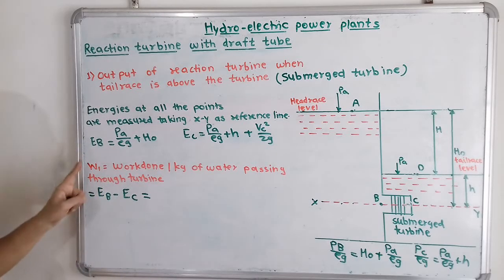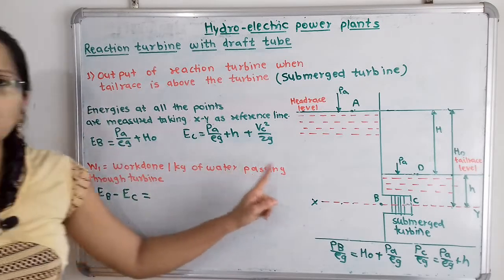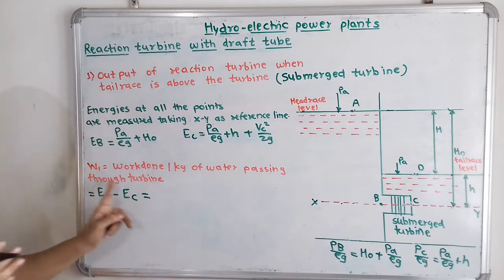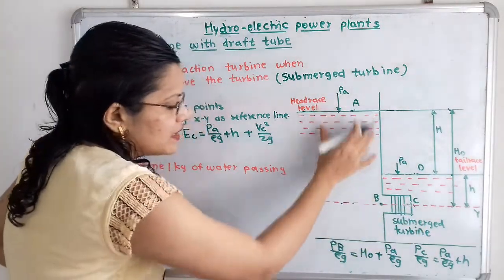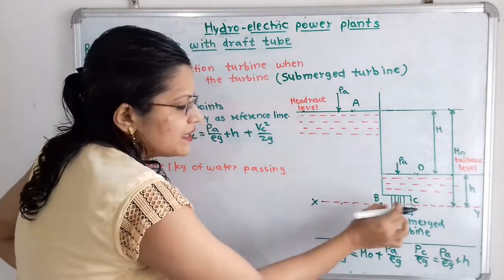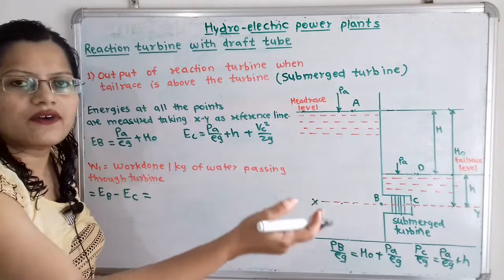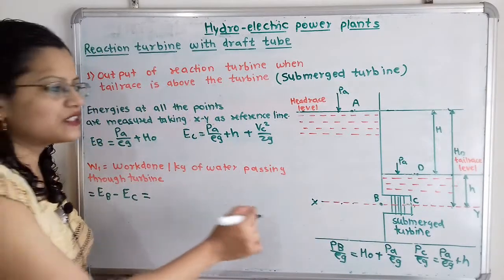So for that we will consider W1, that is, we will calculate the work done per kilogram of water when it is passing through the turbine. When the water is passing through the turbine, water is in the static condition at point B, and at point C it is converted into the dynamic condition and kinetic head is generated.